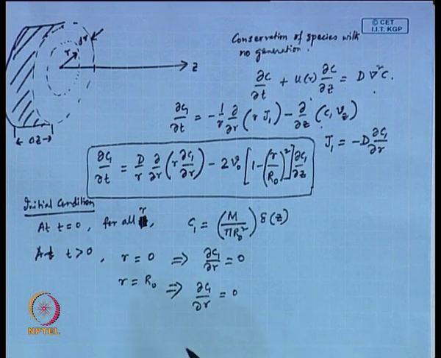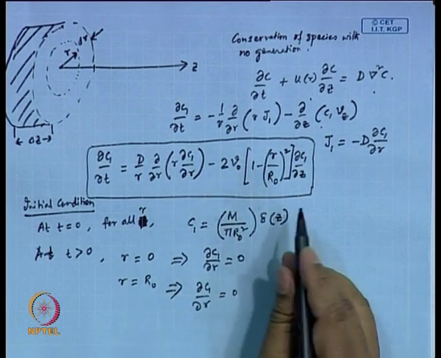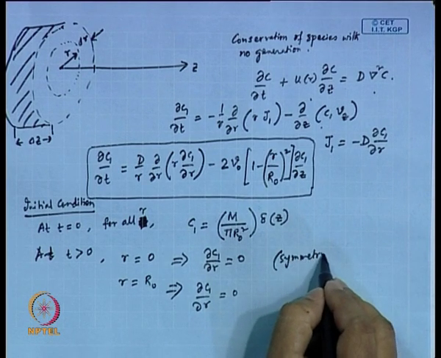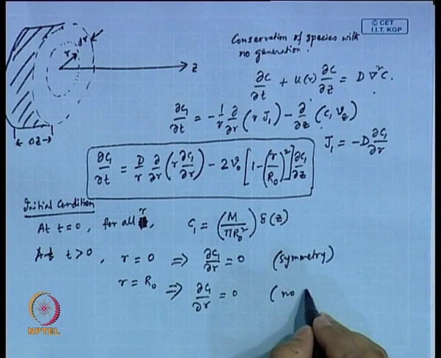At r equal to capital R 0, there is no solute flowing out. This is basically an impermeable medium, so the diffusive flux at the wall is equal to 0. Here it is by symmetry and here it is by no flow.